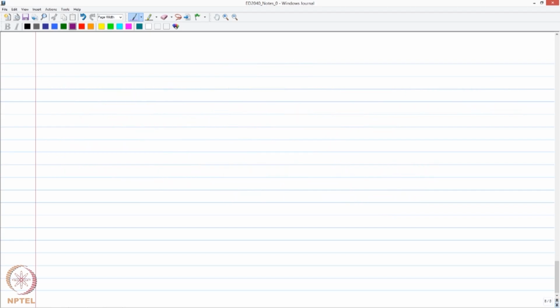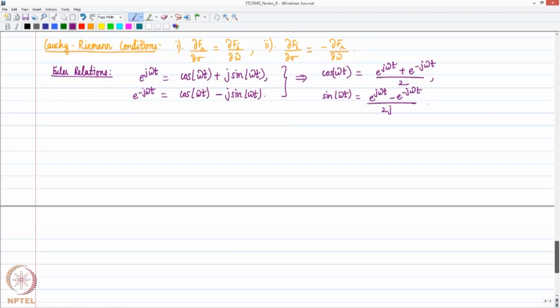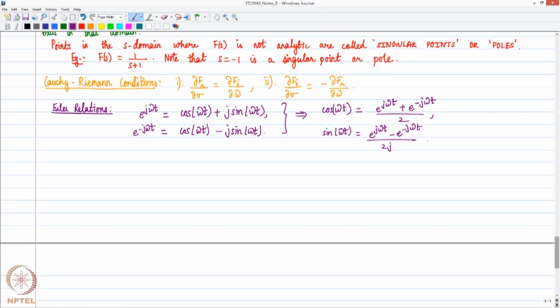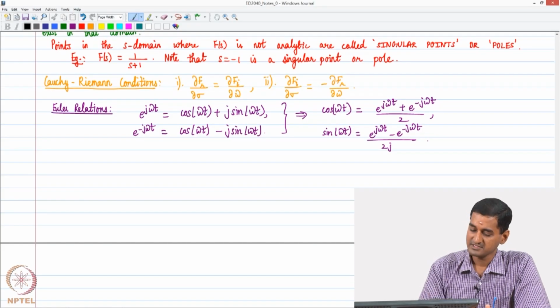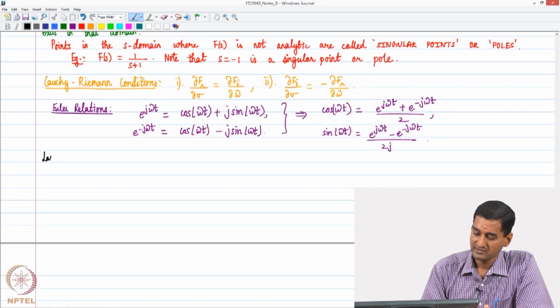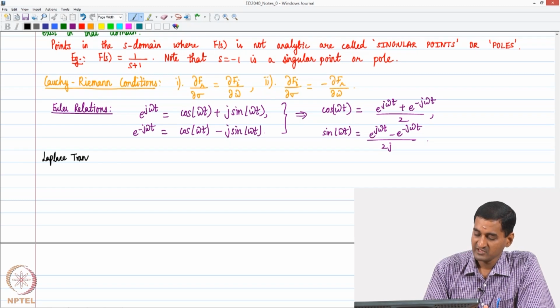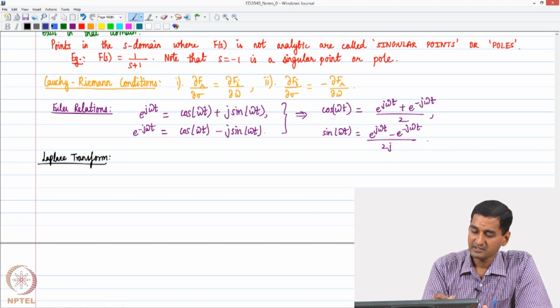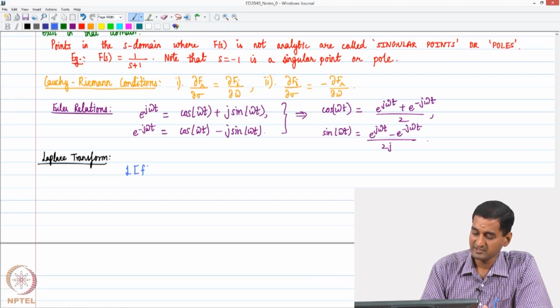Now, moving on, we look at what is called the Laplace transform. So what is this Laplace transform? Let me write down the definition of a Laplace transform of a real valued function f of t.